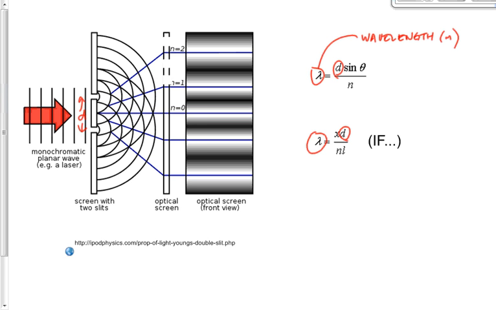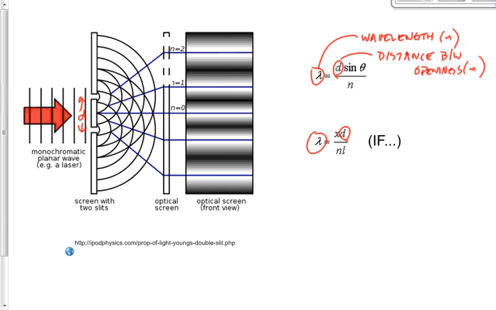And we're usually talking about a small distance here. In fact, we're always talking about a small distance. Usually really small. D is the distance between the openings. And that's going to be measured in meters as well.